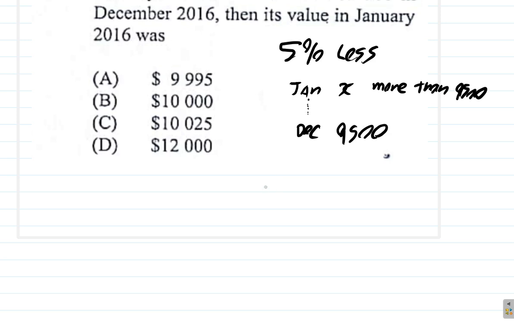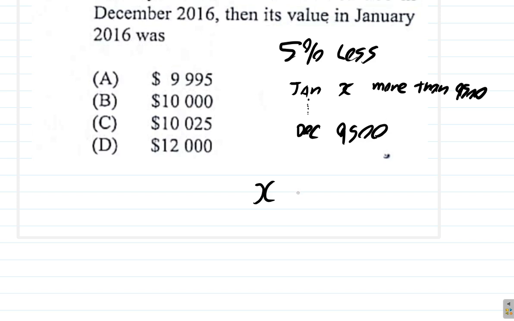You're going to say X, whatever that is. Alright? Now, here, the value is deteriorating, so whatever it was valued in January would be more than the 9,500.